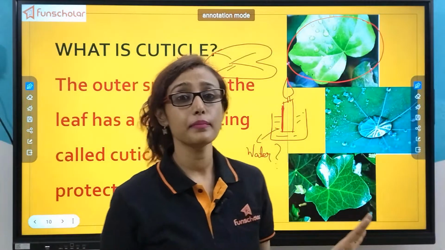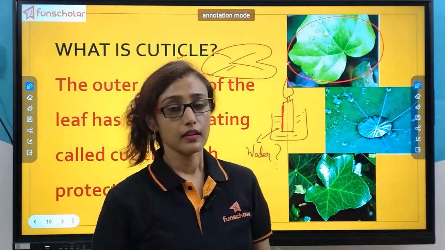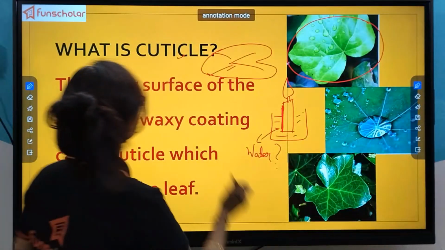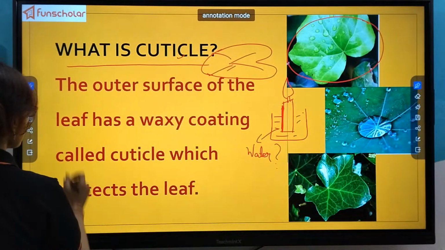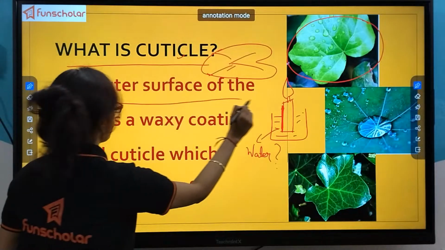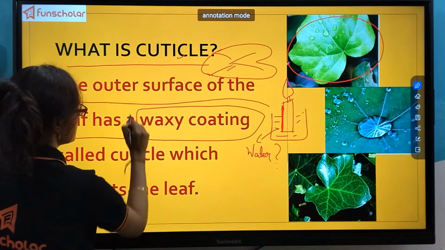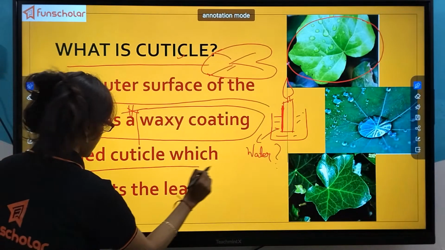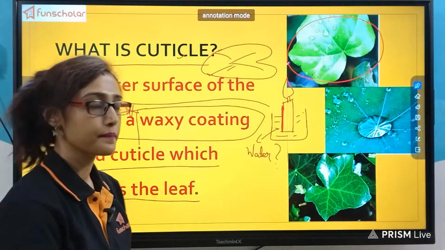Okay, but they are never spoiled. They stay in the water 24/7, but they are not spoiled. Have you thought why? Because of the presence of this cuticle. So what is cuticle? The outer surface of the leaf has a waxy coating called cuticle, which protects the leaf. This is the most important point. Okay? Okay.